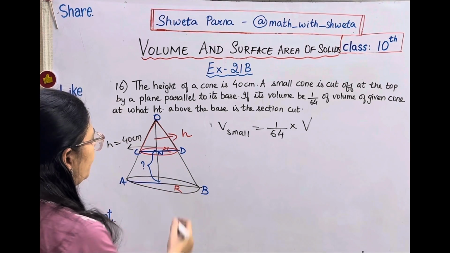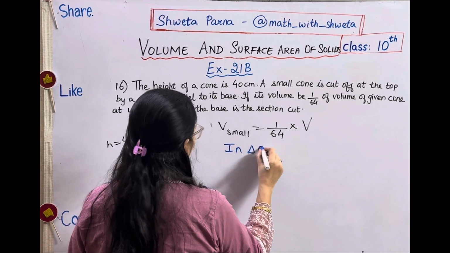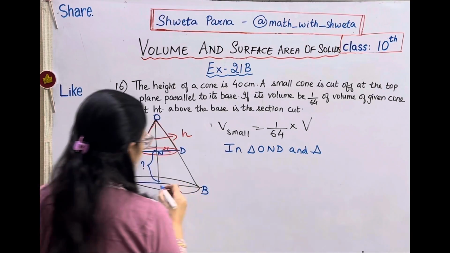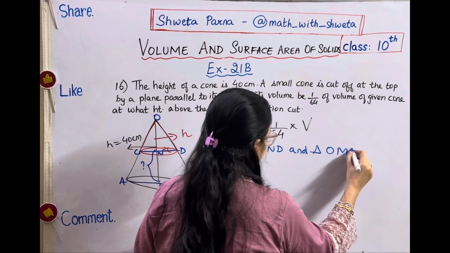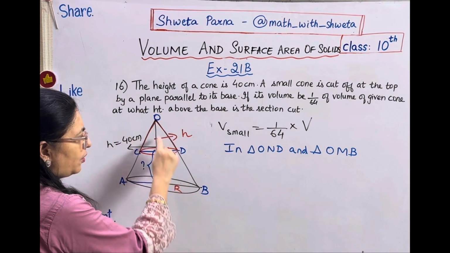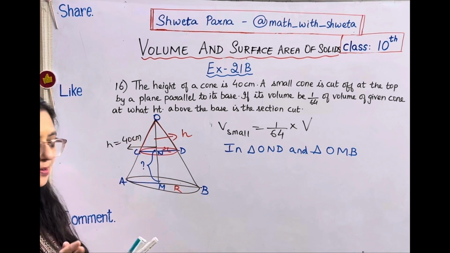First let's prove that triangle OND and triangle OMB, mark it as M. Which triangles have I taken? I have taken this smaller triangle and a bigger triangle. First let's prove the similarity.